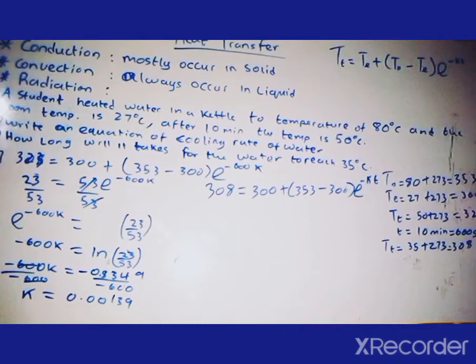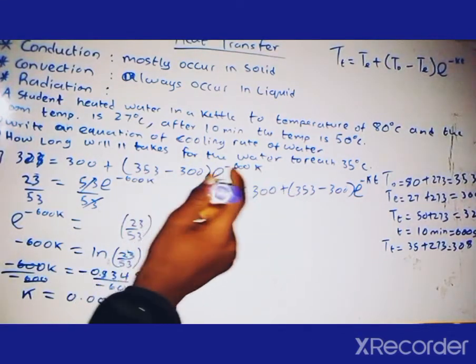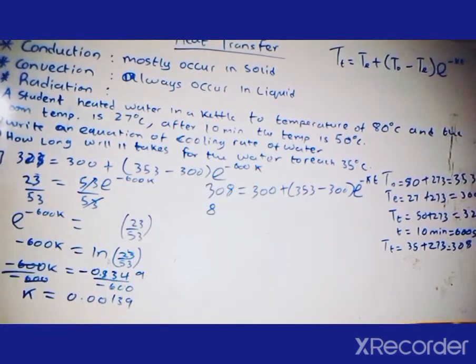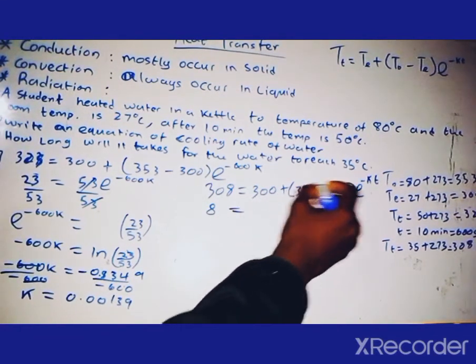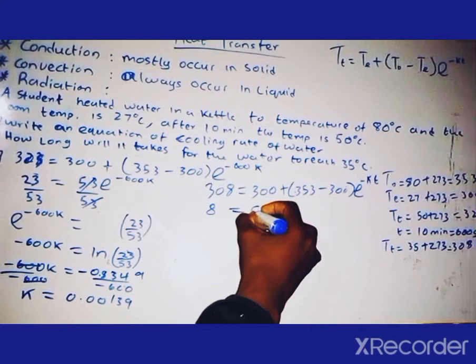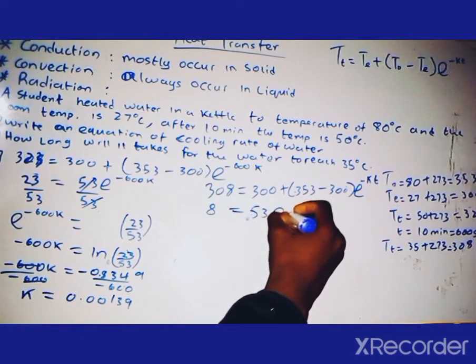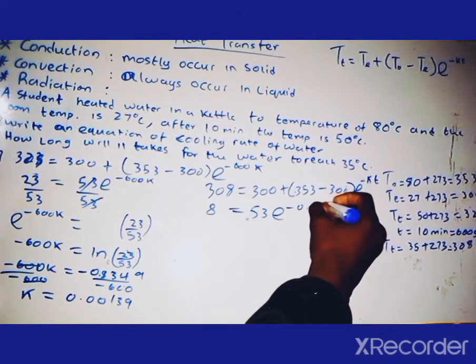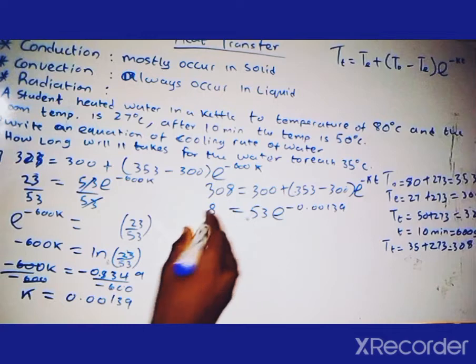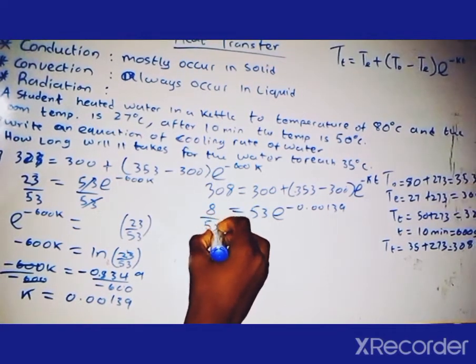So what is the next thing? Collecting like terms, this one will now have 8, equals this minus, I have 53 exponential, my k minus 0.00139. Then dividing by 53.